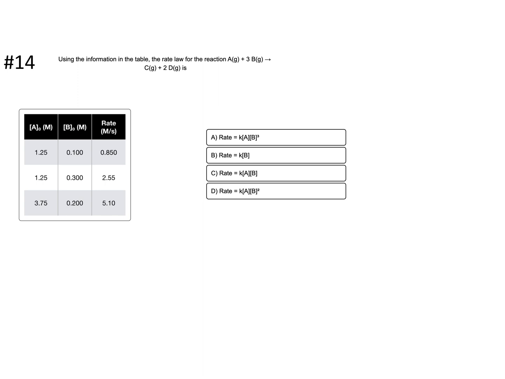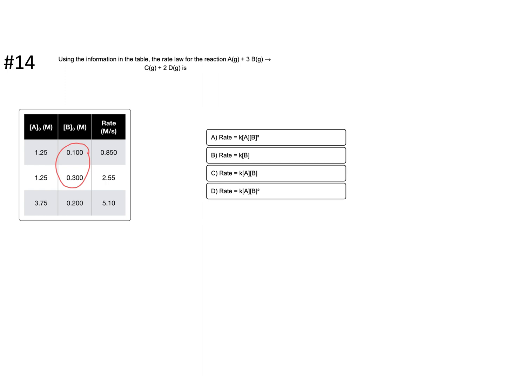Question 14 from the homework is similar to that, except it's a little bit harder because you'll notice when we're trying to find what entries I need to use to find my change in rate for the reaction, the impact, the order of the reaction, we'll notice that, sure, for B, I could use entry 1 and 2 because the concentration of A does not change.